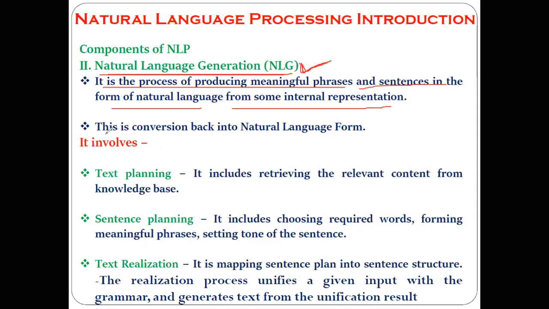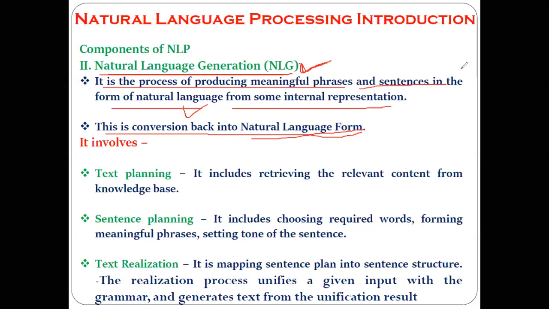Now this is simply the conversion back into natural language form. Understood? After understanding what is being spoken by a human being in the first component, the machine tries to generate the answer in the second component, and that answer is also generated in the same natural language.